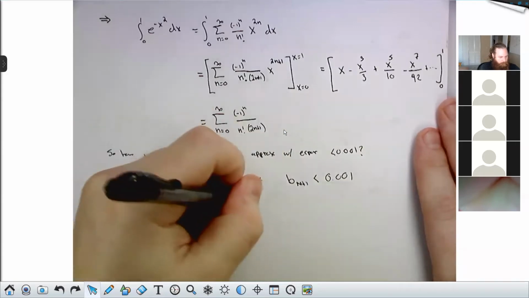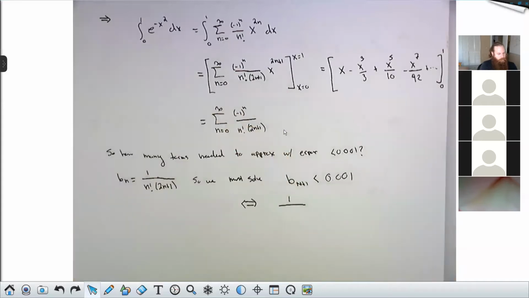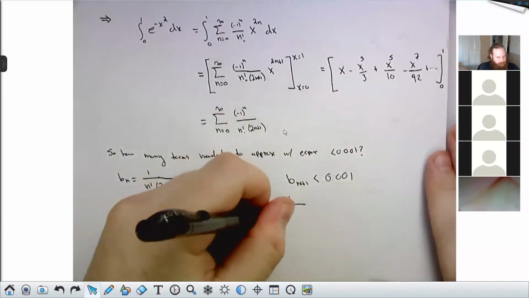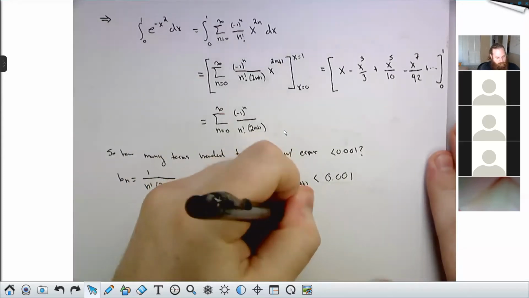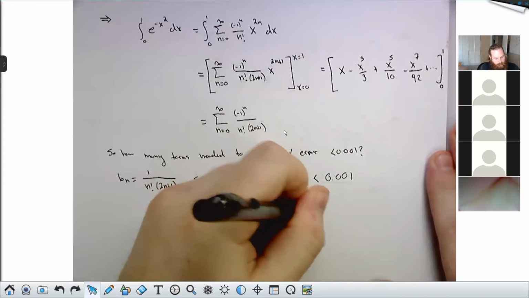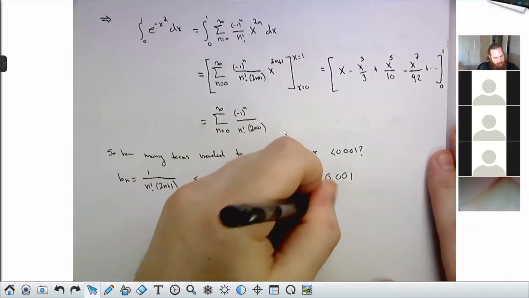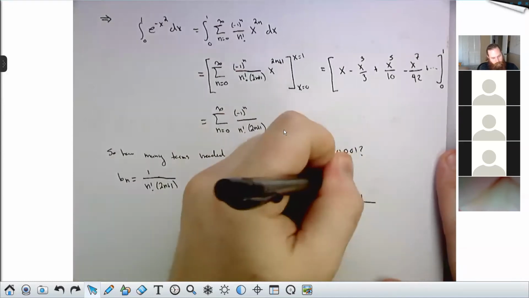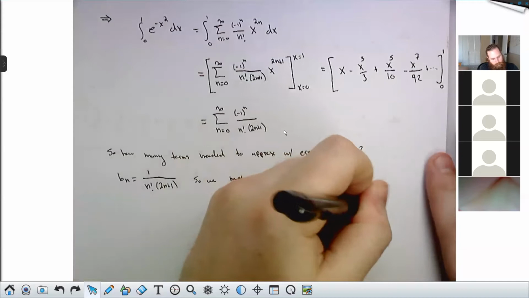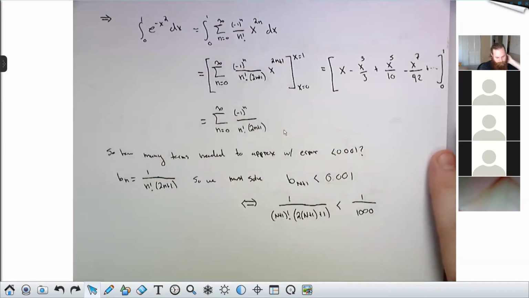In other words, 1 over n plus 1 factorial times 2 times n plus 1 plus 1 is less than 1 over 1,000. Right? 1/10, 1/100, 1/1,000.